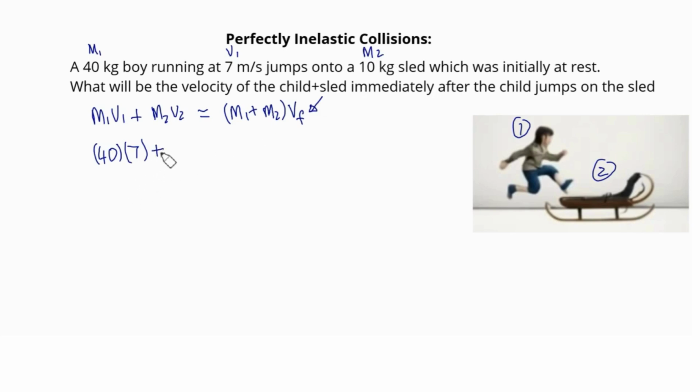And so that plus, the sled was initially at rest, so m2, which is 10 kg, would be multiplied by 0. We can essentially ignore that. And now we add the sum of the two masses together, the 40 plus the 10 times Vf. We put that together, that's 280 plus 0 is equal to 50 Vf.